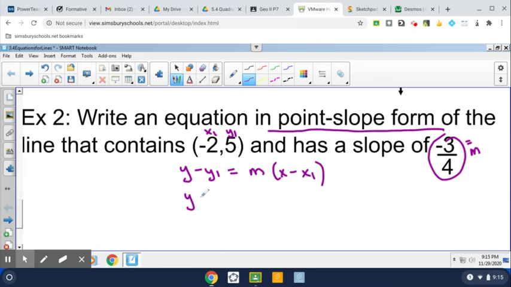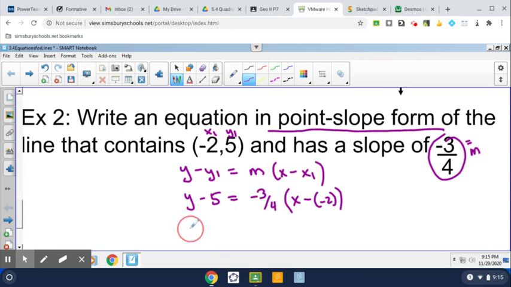So it will be y minus 5 is equal to slope -3/4, okay, x minus -2. So the only thing you have to do, x minus -2 will become x plus 2.